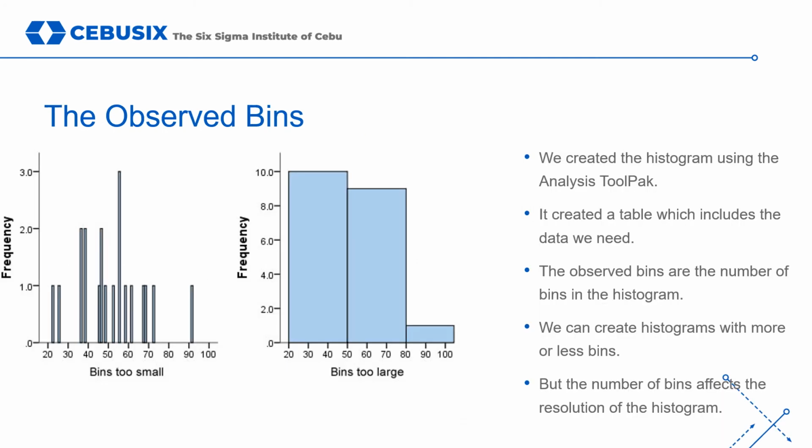Having already created a histogram via the Analysis ToolPak, you already have access to the observed bin distribution. That information is housed in the data table Excel created when you made the histogram. As long as you have not deleted these worksheets, you should still have all of that data available to you.